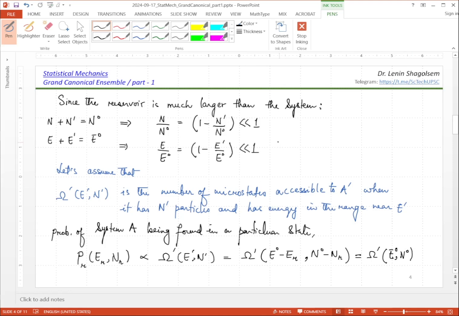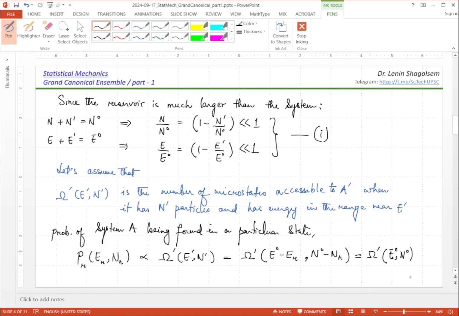This is a consequence of equation 1. So we see that the probability is proportional to the total number of microstates accessible to A dash.